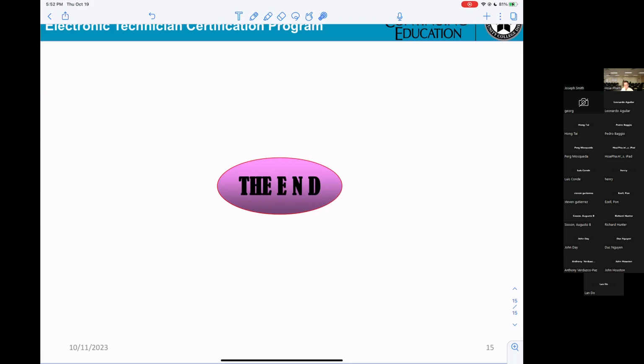That means they will block any signal considered to be noise at the input. They do not allow that to go to the output. Okay. Now, next one.